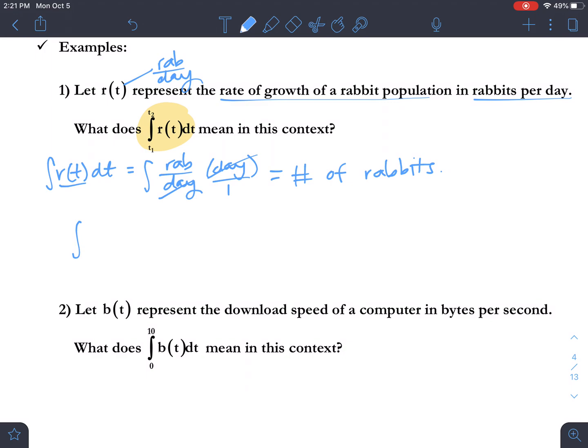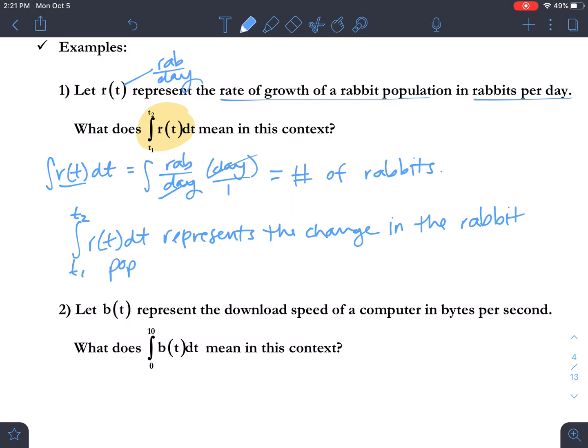So I'll write this down here. The integral from t1 to t2 of r of t dt represents the net change in the rabbit population from day t1, whatever that is, to day t2.